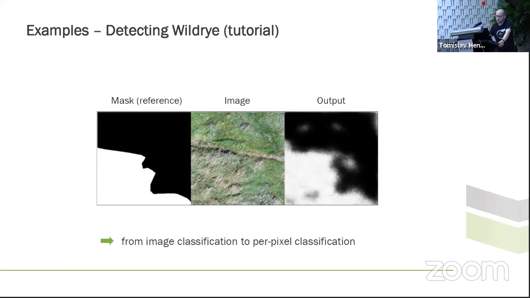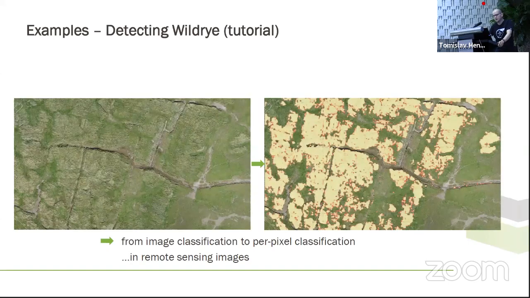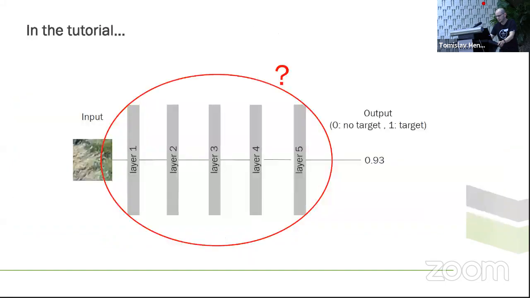If we then reassemble all these single subsets that we have analyzed into one map, we can finally get something similar to what we know from other remote sensing image classifications. So we put in a larger remote sensing image, and we get as a result the map, in this case, of where the wildlife species that we're trying to detect is located in this image. And in the tutorial, we'll mainly look at how to do this.